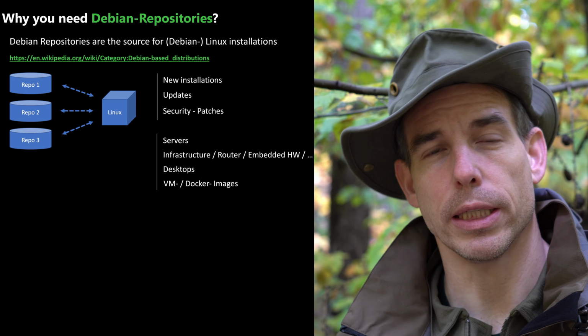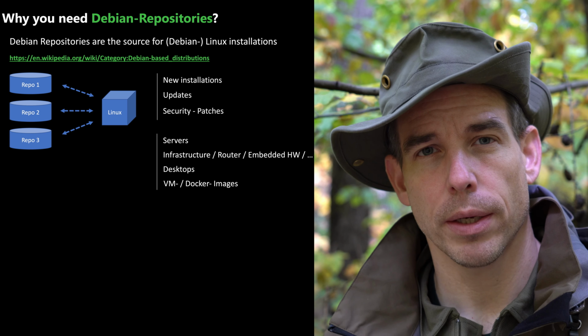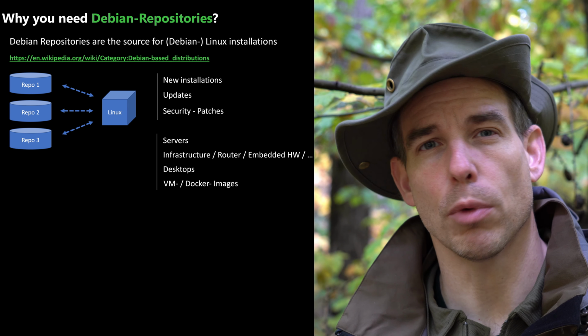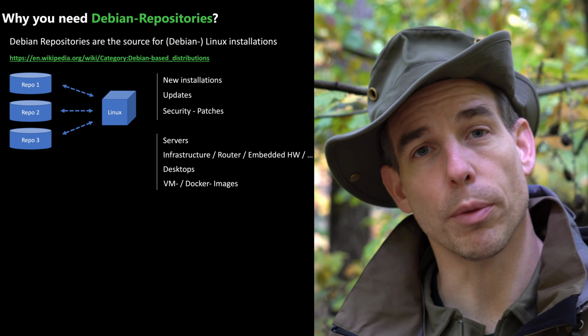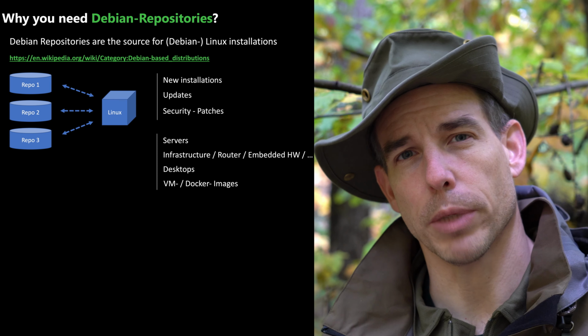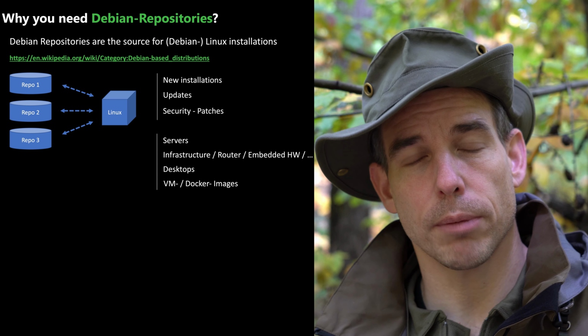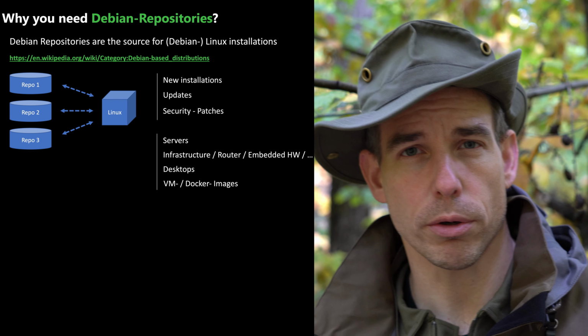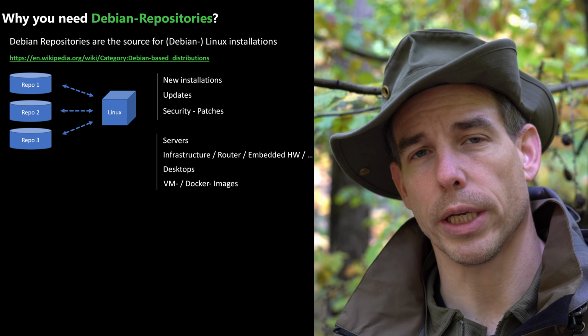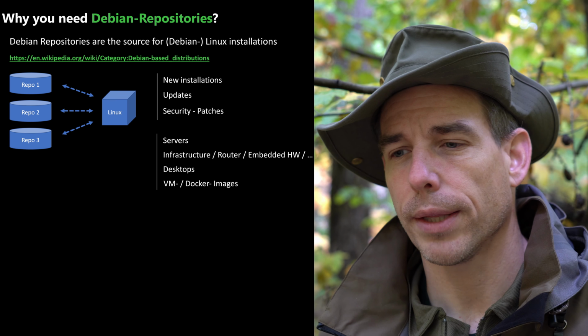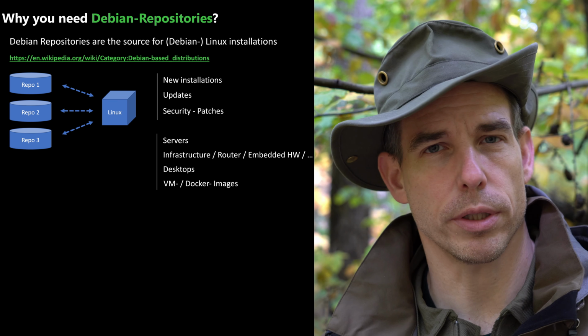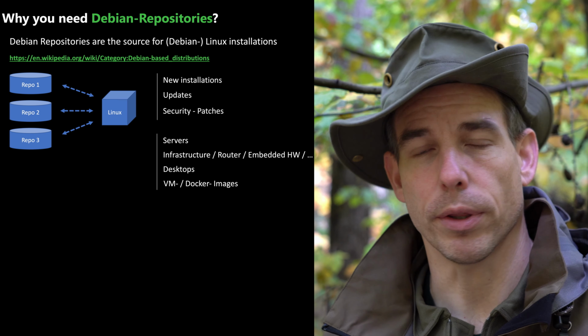It will immediately connect to a remote repository. By the way, if you want to know more about local, remote and virtual repositories, check out my tutorial about this on YouTube. But here I'm just focusing on the remote repositories, because then you are connecting to some external authority that will provide you the packages that are used for this operating system.